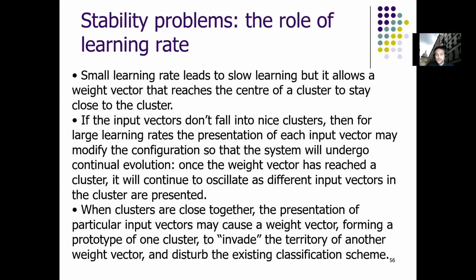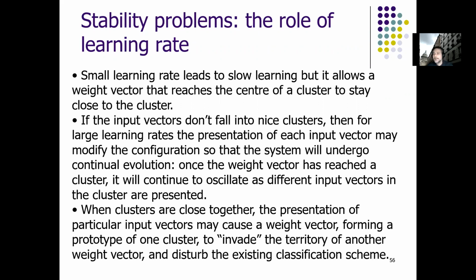If you have clusters which are very close to each other, then if you present an input, that may cause the weight vector to move into the neighborhood of another cluster, of another weight vector. The weight vectors, as we said, represent cluster centers.